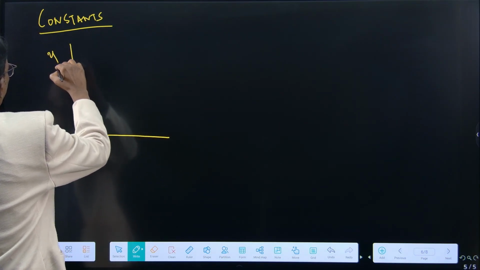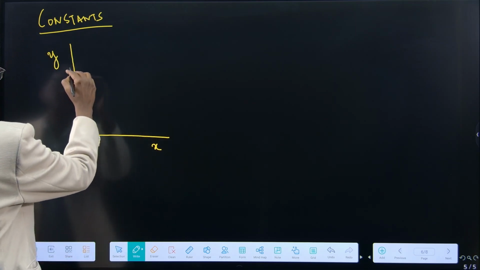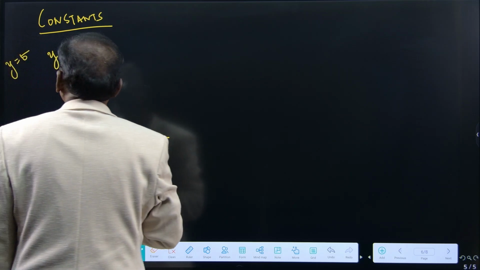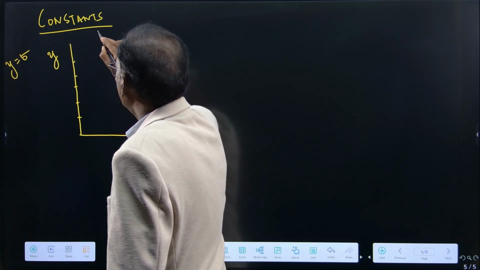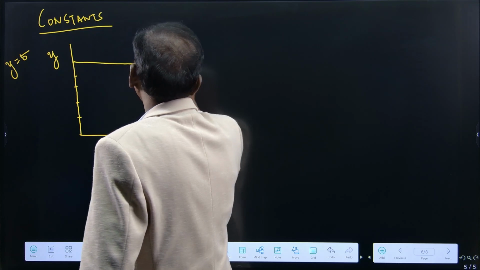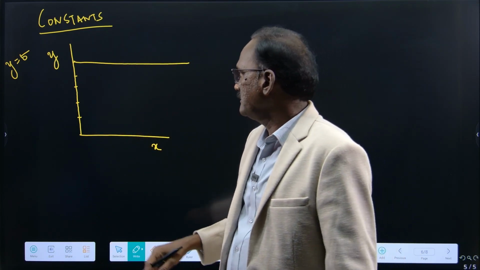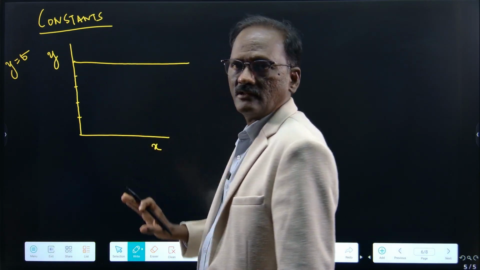This is on a graph, x and y. Say y is equal to 5. So 1, 2, 3, 4, 5. y is equal to 5 means I am getting a constant line, a horizontal line, a flat line, right? Irrespective of the values of x, y is always constant.